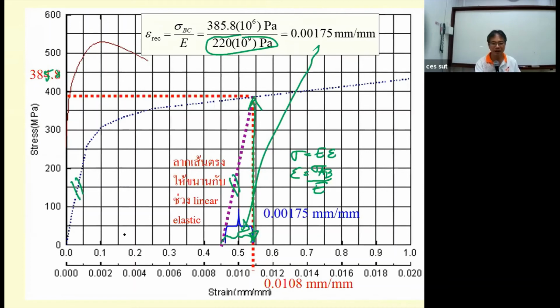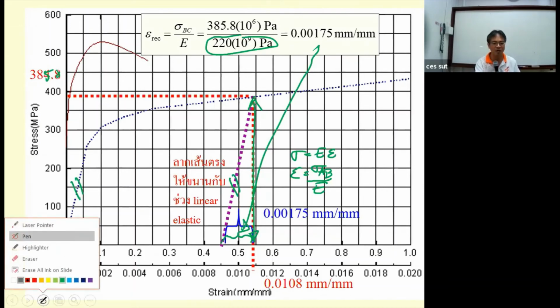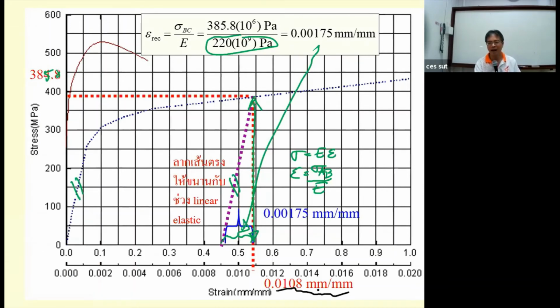And then when you deduct the elastic recovery from the strain of AB under the loading, you will get this one as the permanent strain, or you may say this is the strain limit.